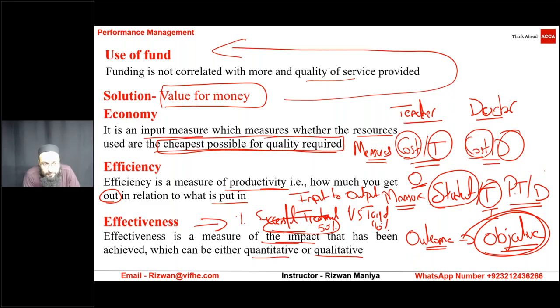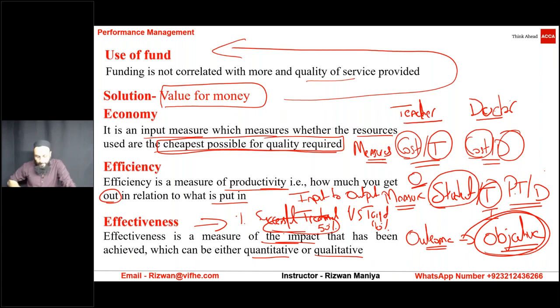Come on, tell me. Pass rates compared to other institutions. Yeah, pass rate compared to other institutions, or pass rate compared to ACCA global pass rates. Getting the point? Our pass rates compared to ACCA global pass rates give you effectiveness.